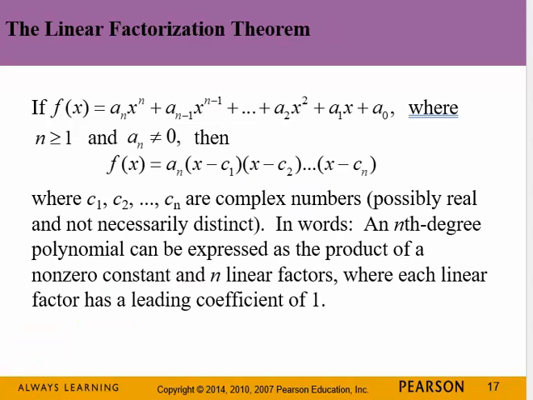We're now going to look at the linear factorization theorem. Now, it looks a little complex here, but essentially it comes down to having a function with some coefficient here, and where you are multiplying the various factors of that function.